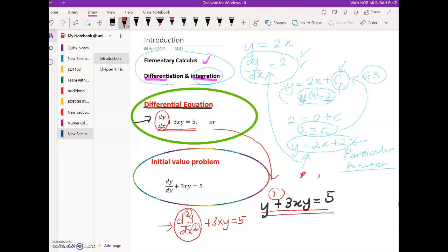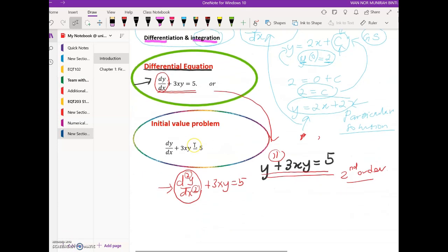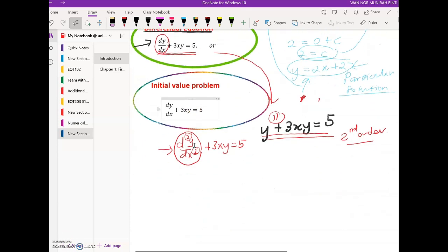Or we can say that here we have a double derivative, so you have 2 ticks here. We call it second order, or a differential equation of order 2. So that is differential equation and order. For example, let's say you have dy/dx plus 3xy equals 5.